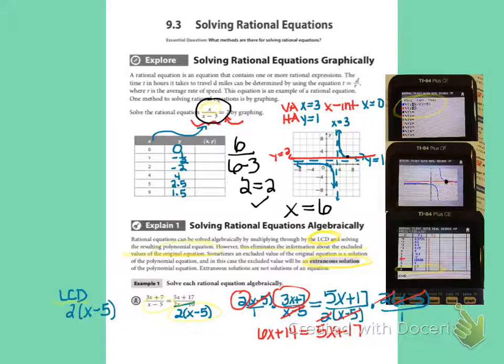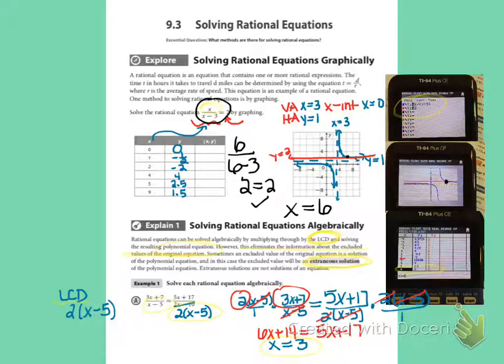So you just have to get variables on one side, real numbers on the other. So I could subtract 5x from both sides, leaving me with x here. I could subtract 14 from both sides, leaving me with 3 here. So I got a value for my solution of x equals 3.